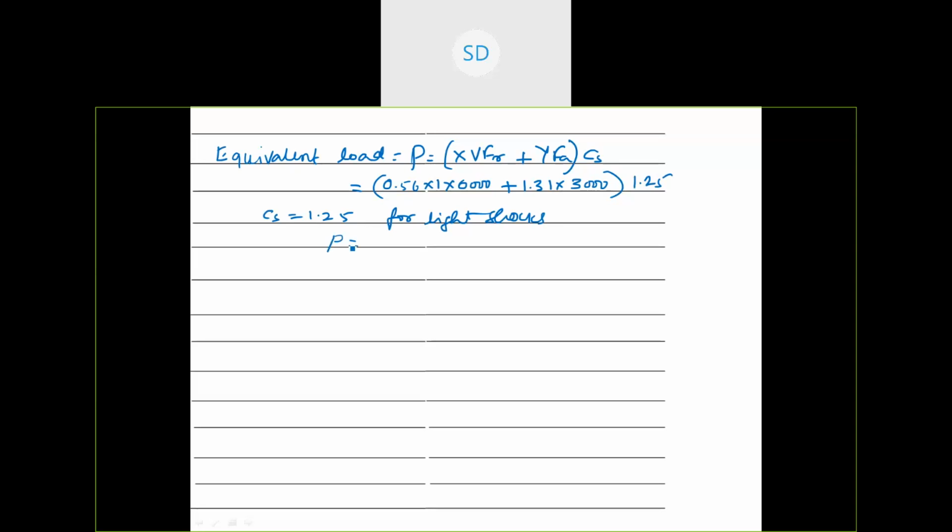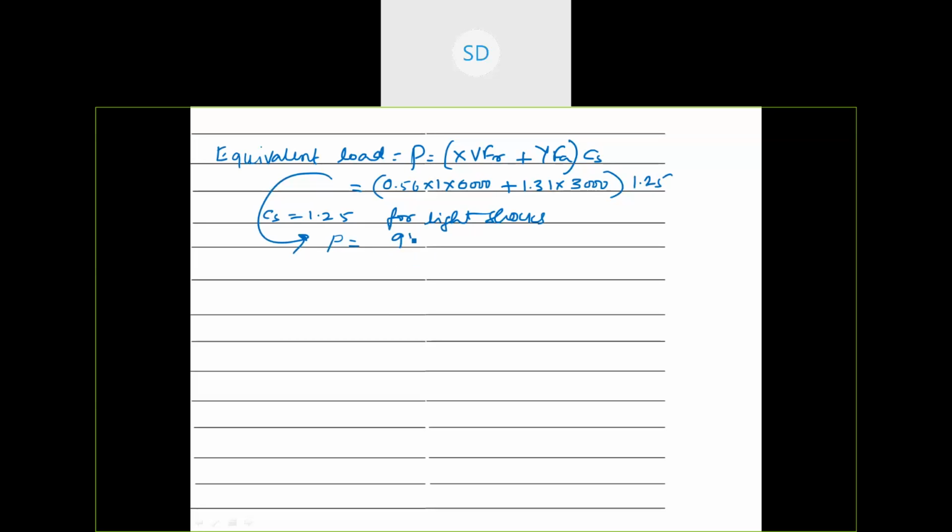Now you calculate what is the equivalent load here. Someone calculate and provide the answer. 9112.5. I think 9112.5 is correct.